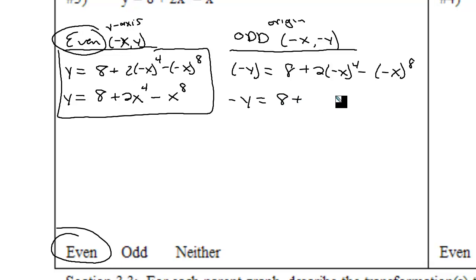So negative y equals 8 plus a negative x to the fourth, which is a positive x to the fourth, times 2 is a plus 2x to the fourth. Negative x to the eighth is a positive x to the eighth, but we're subtracting that, so we're subtracting x to the eighth. Trying to get this to look like the original, multiply both sides by negative 1, and you will see this does not resemble the original, so it is not odd.